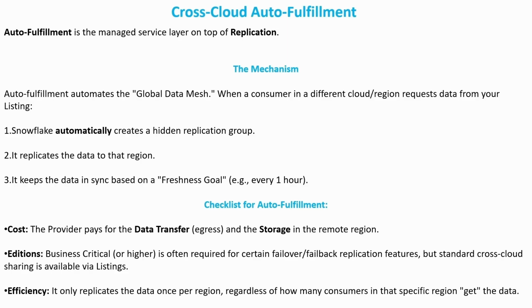Third is efficiency. It only replicates the data once per region, regardless of how many consumers in that specific region get the data. This is again a fully managed service, cross cloud auto fulfillment, and it is useful when you have to share the data without worrying about underlying scripts and without taking on a lot of overhead yourself.